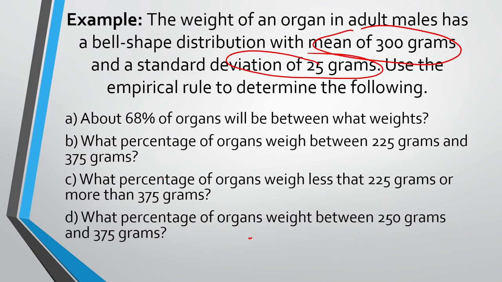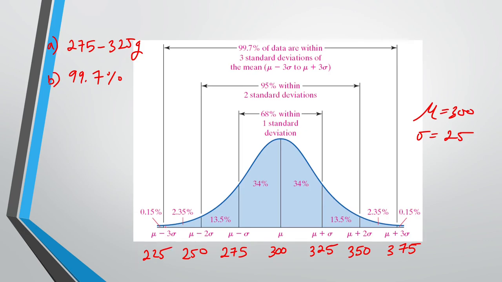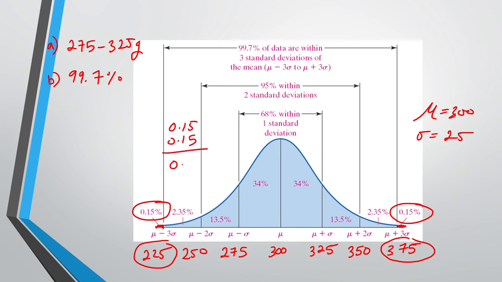Part C, what percentage of organs weigh less than 225 or more than 375? We want to know organs that weigh less than 225, this small region here, or greater than 375, this small region here. So we'll just add 0.15 plus 0.15, and that gives us 0.3%.